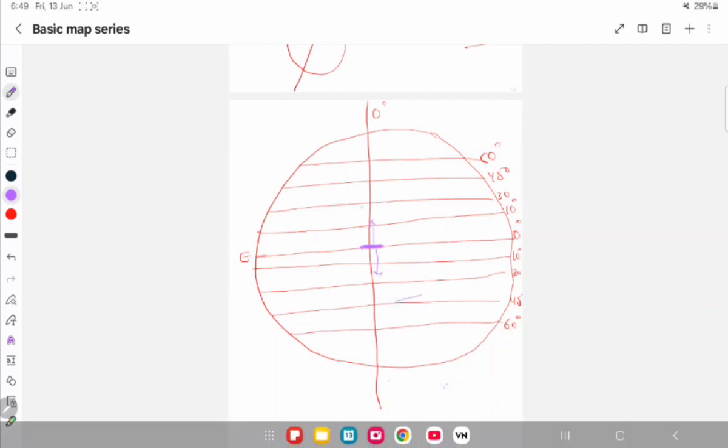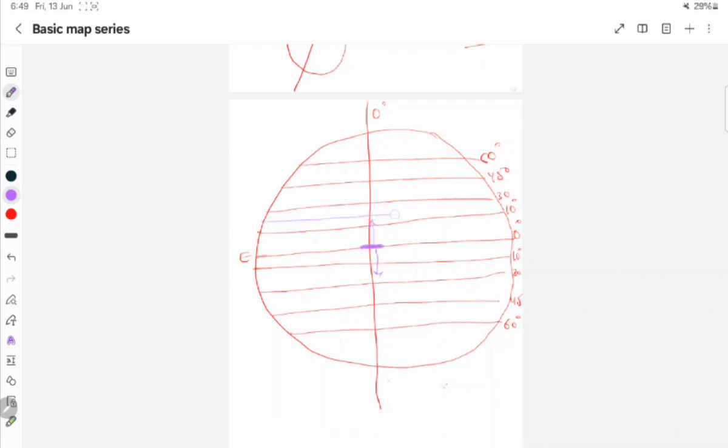One of the important latitudes is this one. Here we have 23 and a half degree. The same here, we have 23 and a half degree.